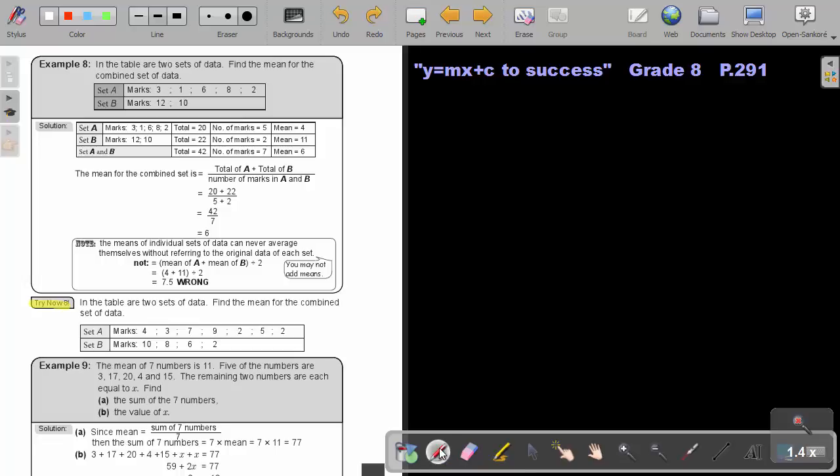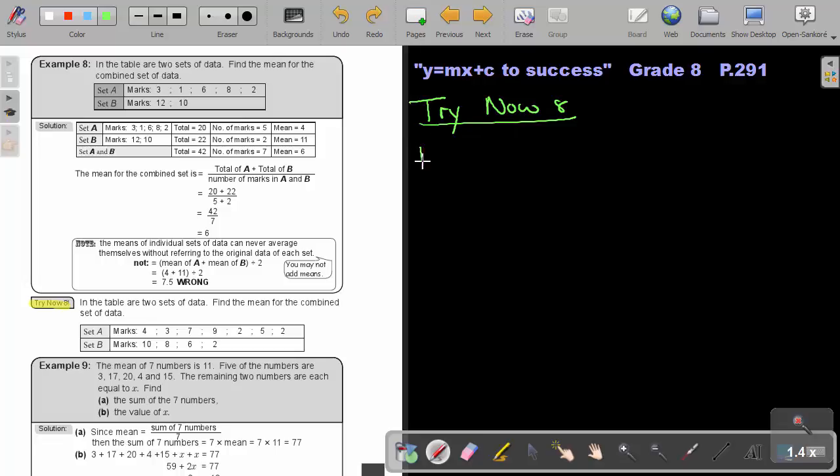Okay. So let's just see. In the table are two sets. Find the mean for the combined set of data. So let's just start. It's Try Now 8. Okay.